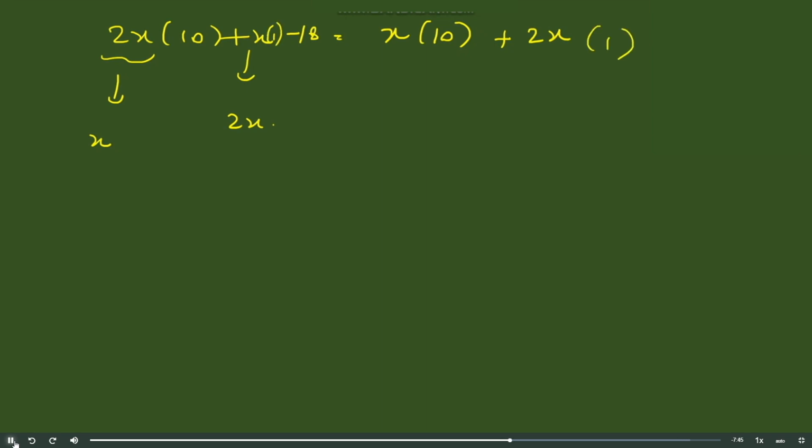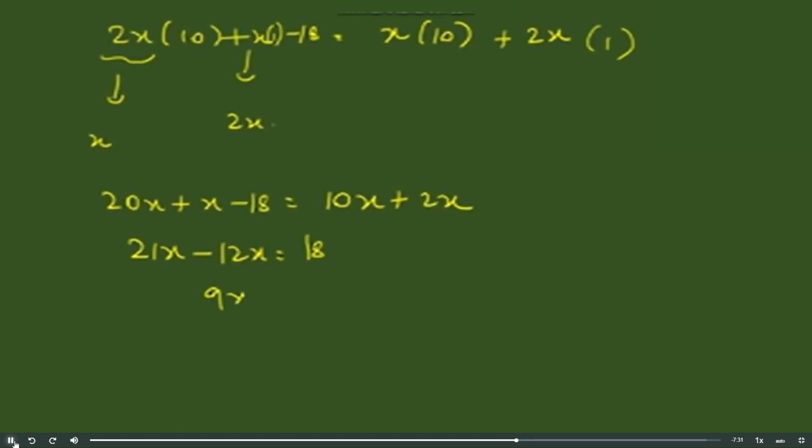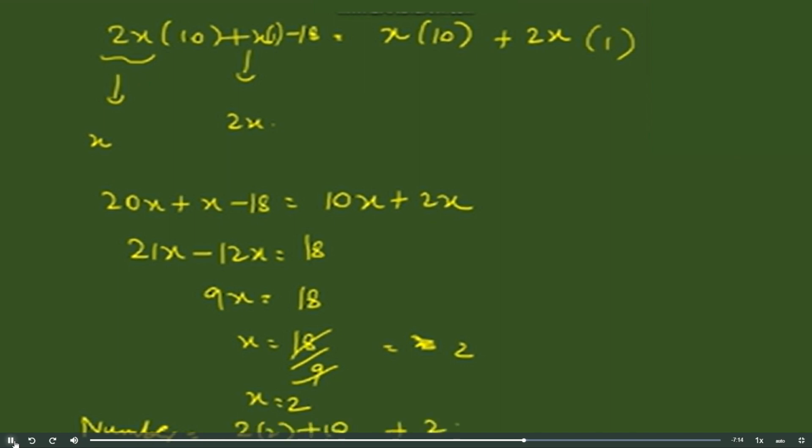So you solve: 20x plus x minus 18 is equal to 10x plus 2x. 21x minus 12x is equal to 18. 9x is equal to 18. x is equal to 18 by 9, which is 2. The original number is 2 into 2 into 10 plus 2, which is 42. The number is 42.